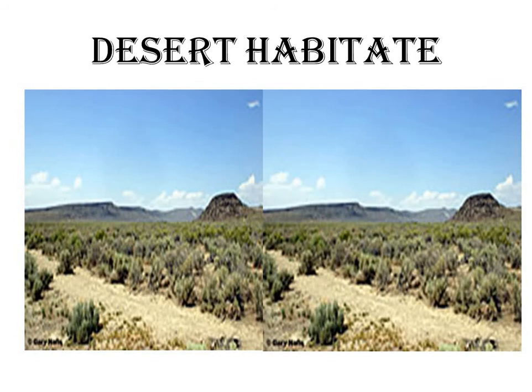First we'll consider the desert ecosystem. Deserts occur around the world between latitudes of 30 degrees north to 30 degrees south. Rainfall in this region is less than 25 centimeters per year. Temperature fluctuates widely.